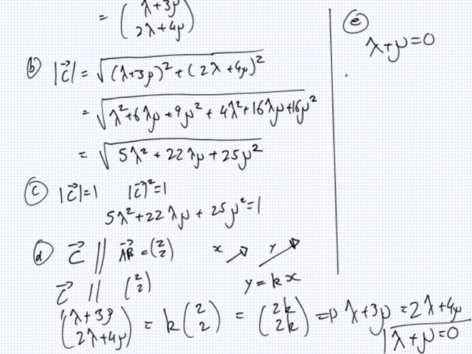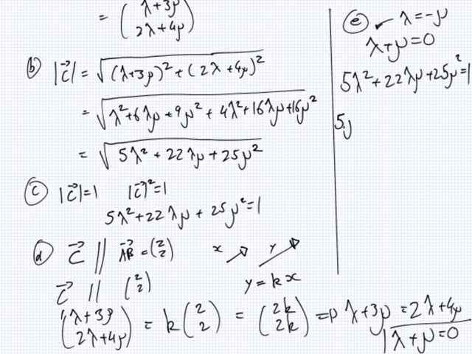If it's a unit vector, we said 5 lambda squared plus 22 lambda mu plus 25 mu squared must equal 1. So lambda must equal minus mu. We can put these together and you'll get 5 mu squared minus 22 mu squared plus 25 mu squared equals 1.